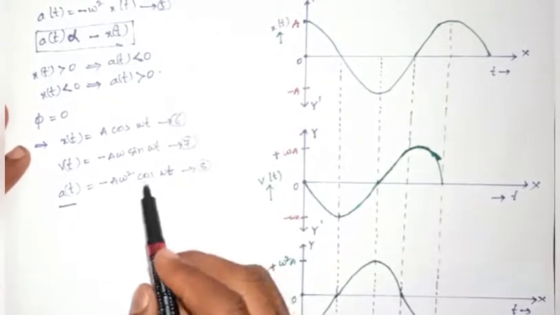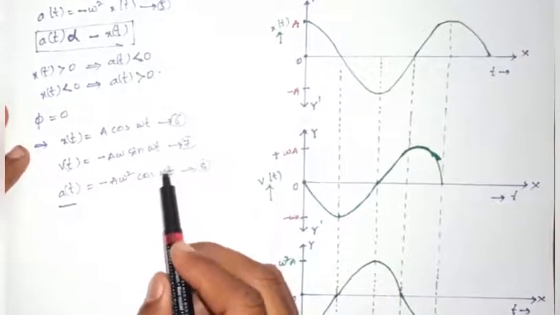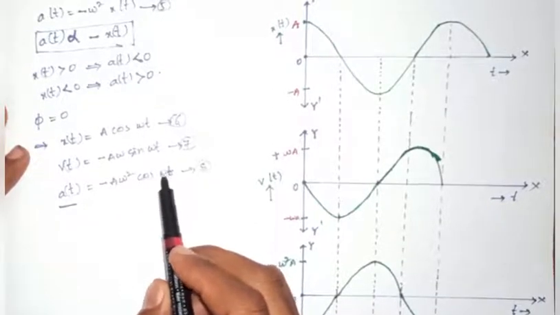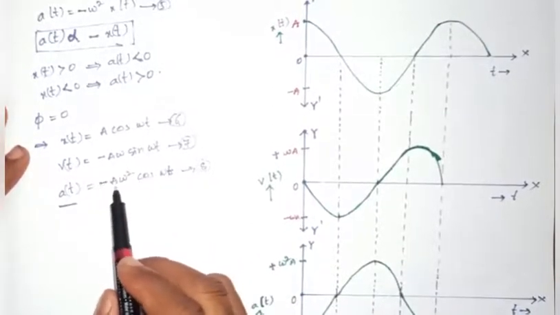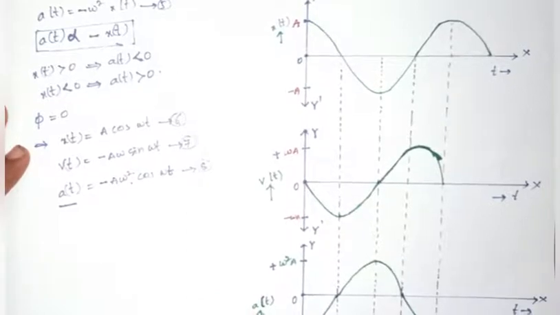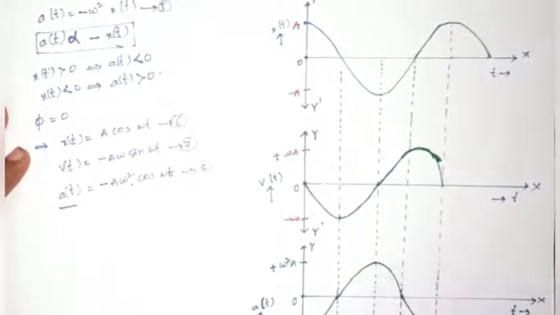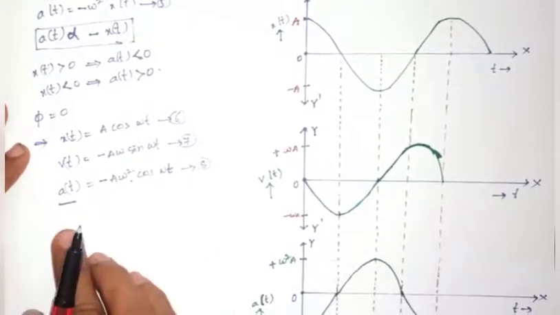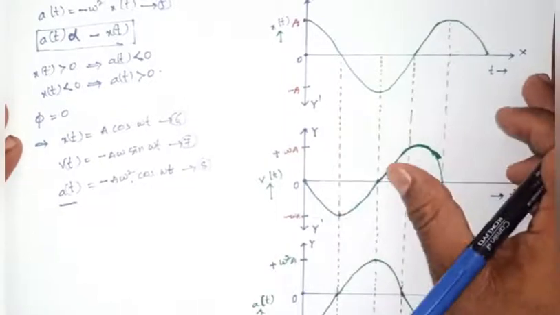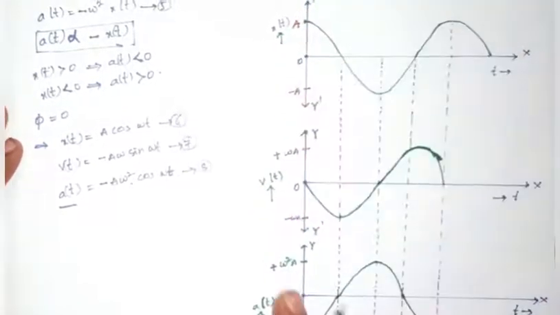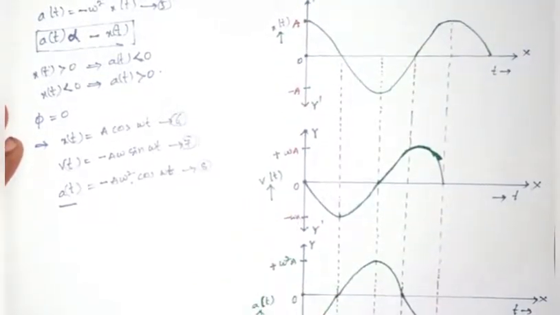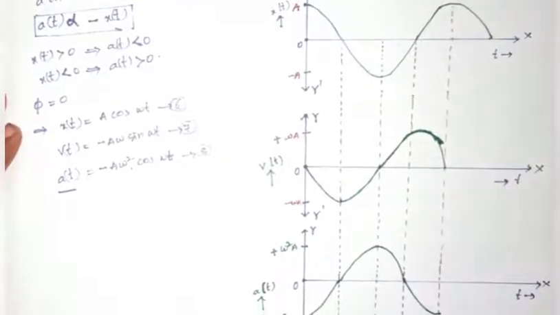When omega t equals 0, cos 0 equals 1, so it starts from minus a omega square, and again moves in this direction. So this is the graph of displacement, velocity and acceleration of the particle.